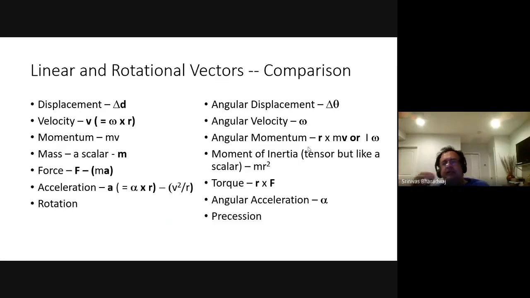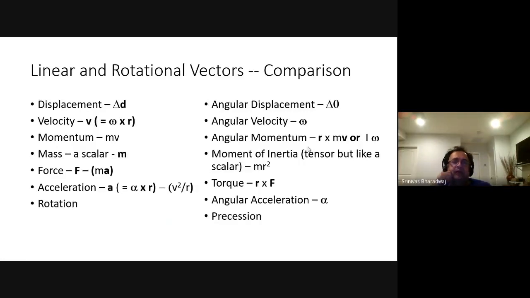Every quantity in linear motion has a rotational equivalent. That's the first thing you must know: linear displacement and angular displacement, velocity and angular velocity, momentum and angular momentum, mass and moment of inertia, force and torque, acceleration and angular acceleration, rotation and precession. Precession is what happens to the top when it spins.